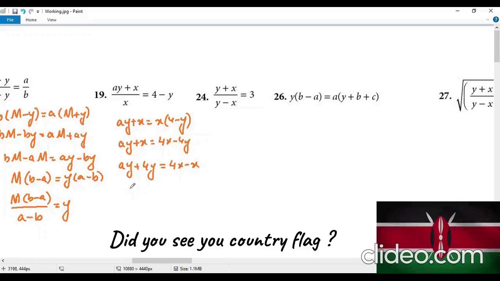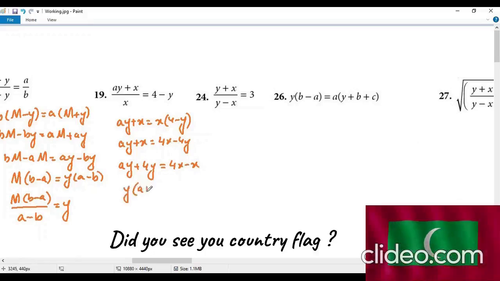Y is common in here, and a plus 4 in the bracket, and x is common here. That means 4 minus 1 is going to give you a 3x. That means y will be equals to 3x over, because a minus 4 is multiplying, a plus 4 is going to be dividing the other side.